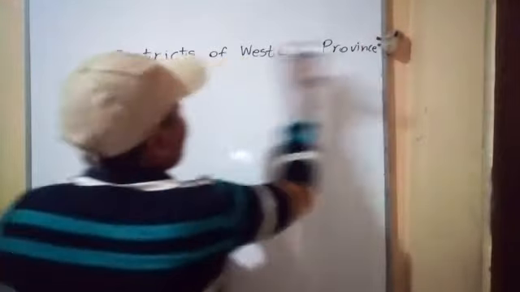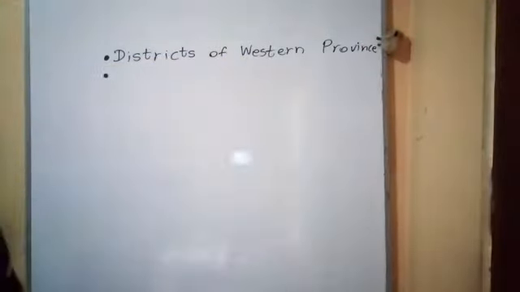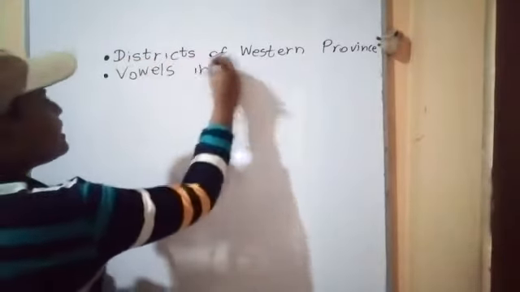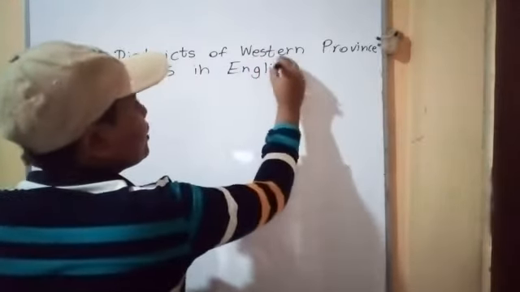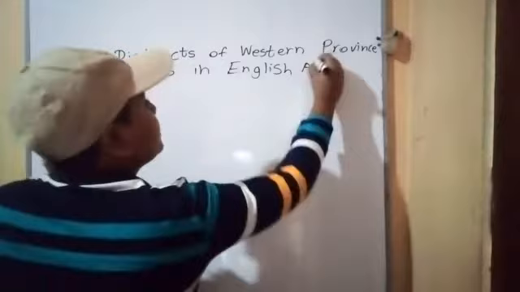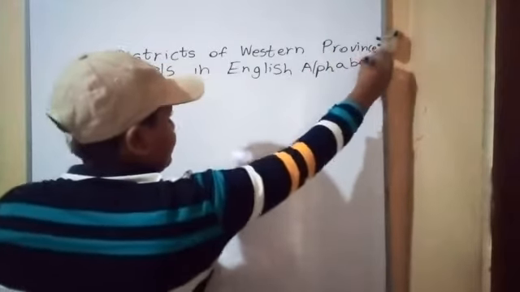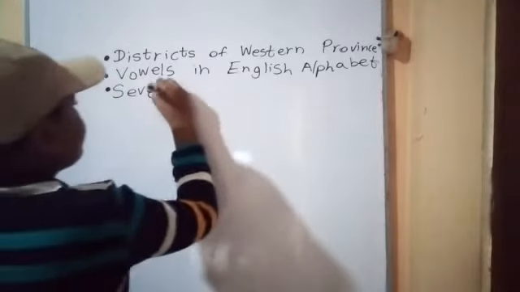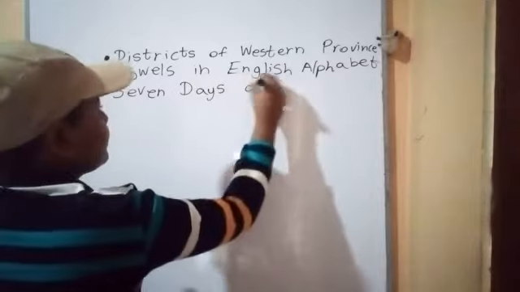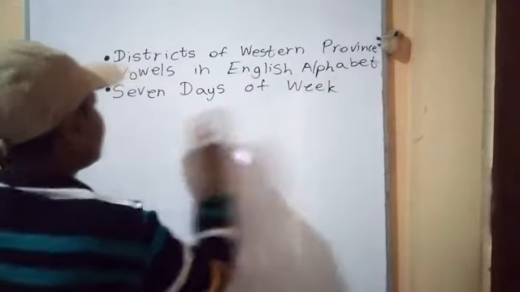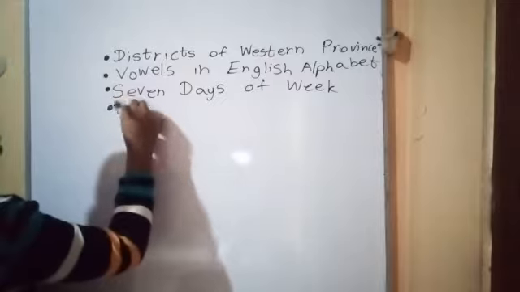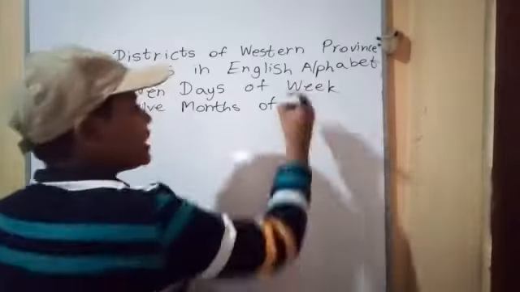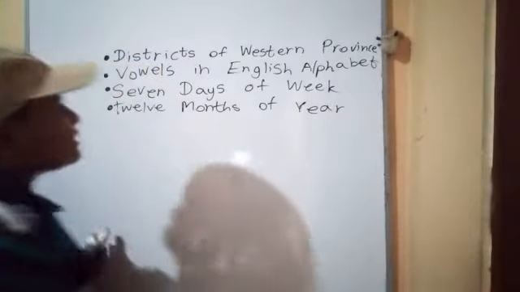Next, the vowels in the English alphabet: A, E, I, O, U. Next, the 7 days of the week, and the 12 months of the year. These are groups of sets.